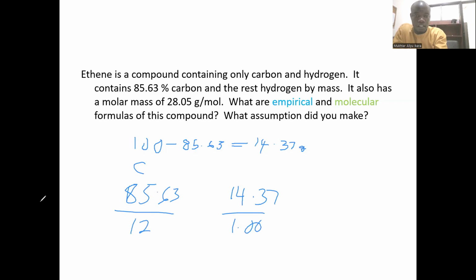So when we say 85.63 divided by 12, we are going to have 7.14.